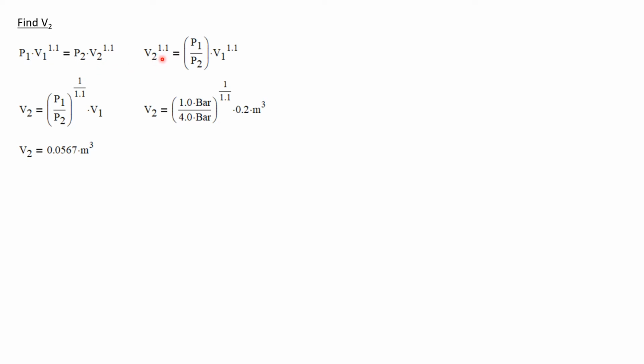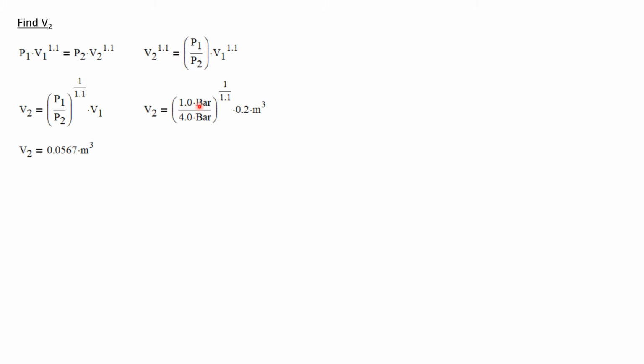We get V2 to the 1.1 power is the quantity P1 over P2 times V1 to the 1.1 power. We can solve for V2 by raising both sides of this equation to the 1 over 1.1 power. So V2 is equal to the quantity P1 over P2 raised to the 1 over 1.1 power, all times V1.